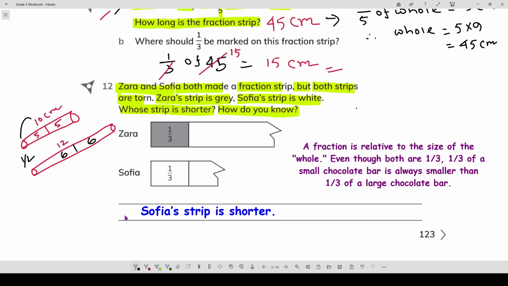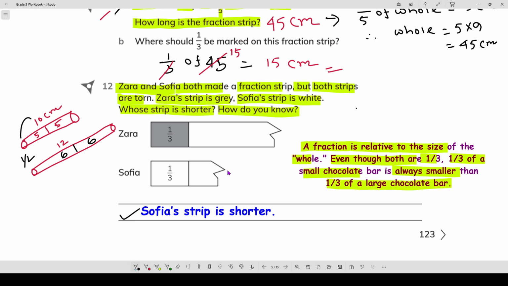So we can say Sophia's stripe is shorter. Look, Zara's stripe is very long and Sophia's is very short. In this case we can say a fraction is relative to the size of the whole. Even though both are 1/3, 1/3 of a small chocolate bar is always smaller than 1/3 of a larger chocolate bar.